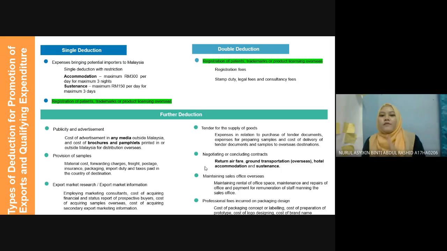For the double deduction, as we can see, registration of patent, trademark, or product licensing overseas is under single deduction, right?